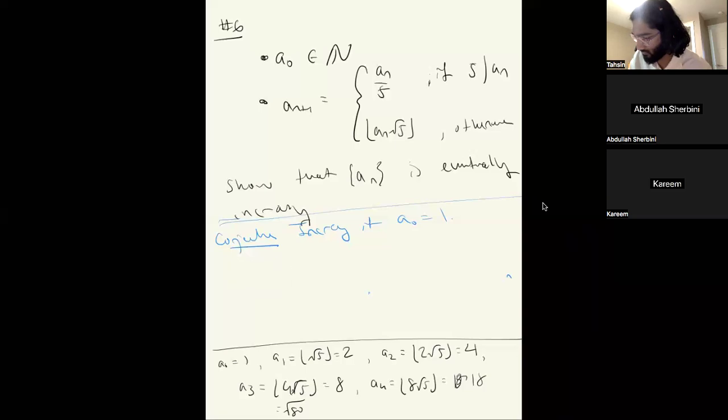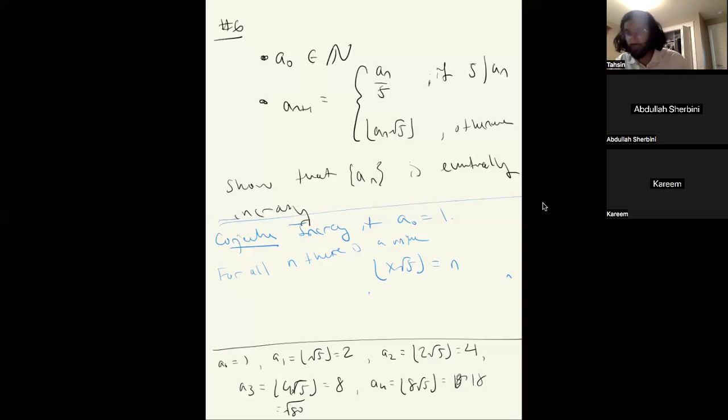So if we can somehow find the set of those numbers for all numbers that are divisible by 5, we should be able to do it.